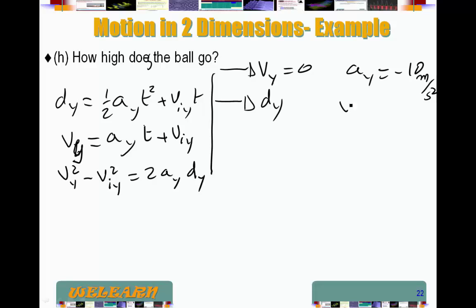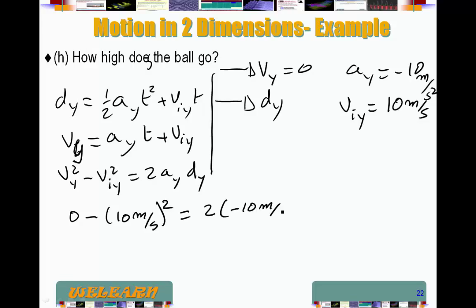We also know vi sub y, which is plus 10 meters per second, and we know a sub y, so we can solve for d sub y. Okay, let's write it down. In this case, 0 minus 10 meters per second squared is equal to 2 times minus 10 meters per second squared times d sub y.